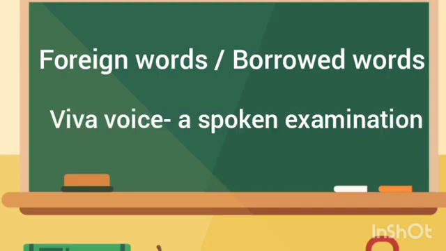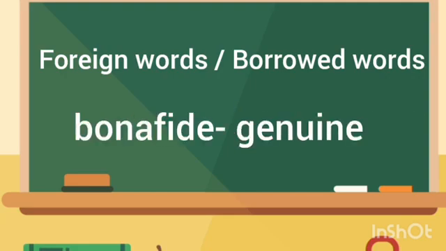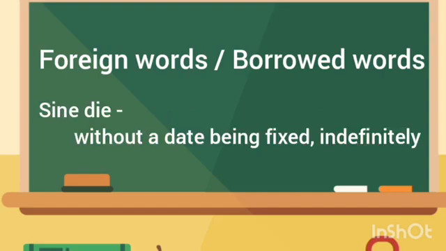Okay, so foreign words, something regarding viva voce. Viva voce means a spoken examination. And bona fide. Bona fide means genuine. Sine die means without a date being fixed, indefinitely.